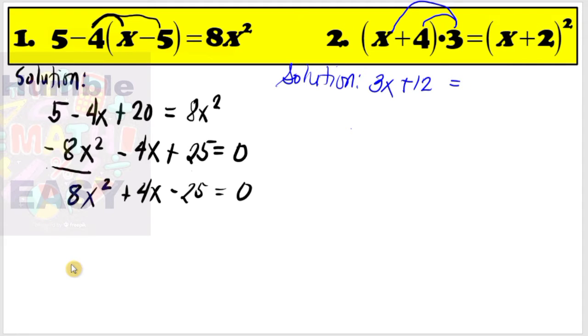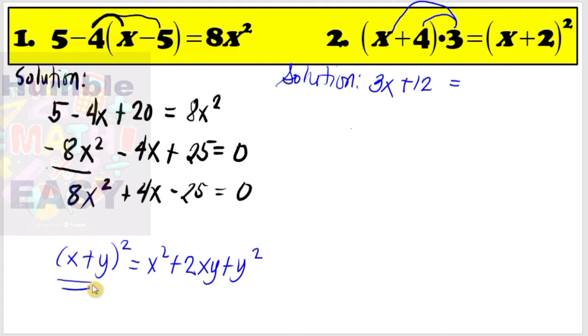Then again, we're going to recall the special product of the binomial: the square of the sum of x and y is equal to the square of the first term, plus twice the product of the first term and the second term, plus the square of the second term. That is the special product. Where can we use this? Here on our right side of the equation.